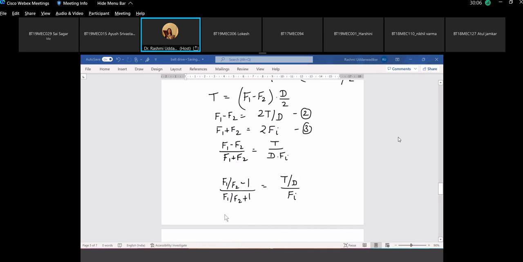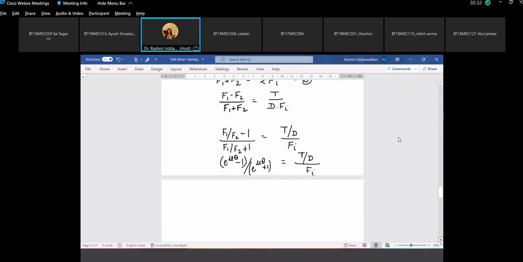So the same expression now I am writing as (e raised to mu theta minus 1) upon (e raised to mu theta plus 1) is equal to T by D upon Fi, where Fi is the initial tension, T is the torque, and D is the diameter of the pulley.